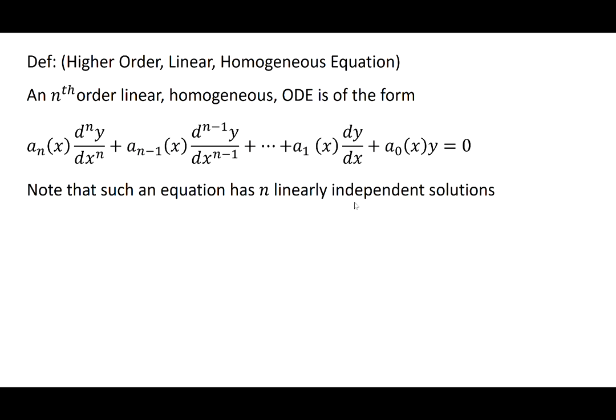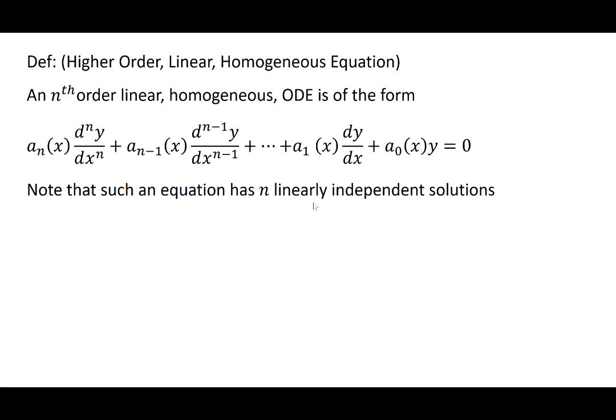Now you see why we needed to learn about linearly independent functions back in the previous section. Because it applies here. The solutions that you find for a higher order linear homogeneous equation must be linearly independent. If not, you have really not found all the n solutions of an nth order differential equation.